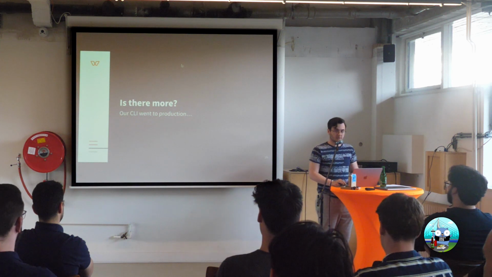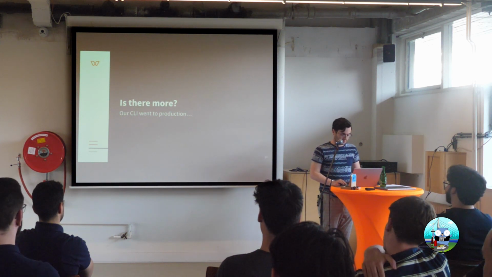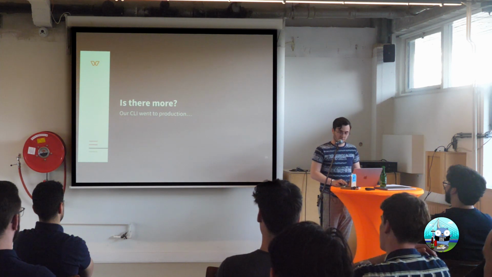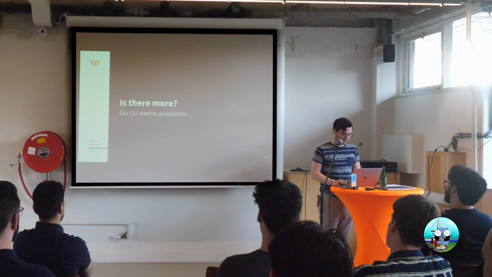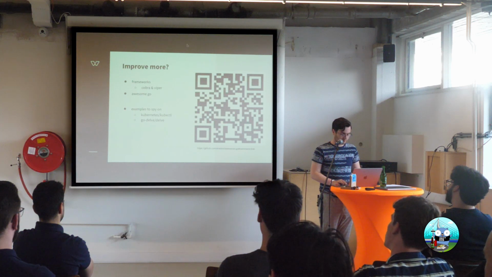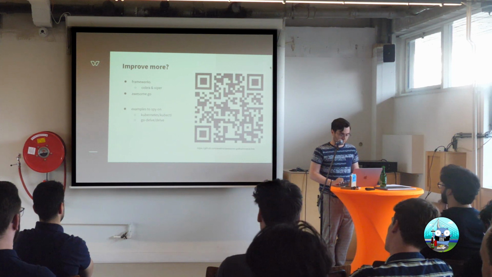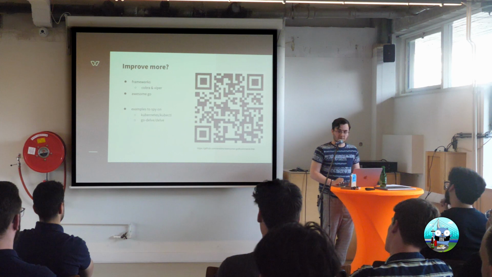So our CLI, by example, went to production, and I'd like to tell you a little bit more about Go CLIs, but not with our example. So if you after this presentation think that you want to know more about CLIs in Go, I have some resources for you. The first one being Cobra and Viper.